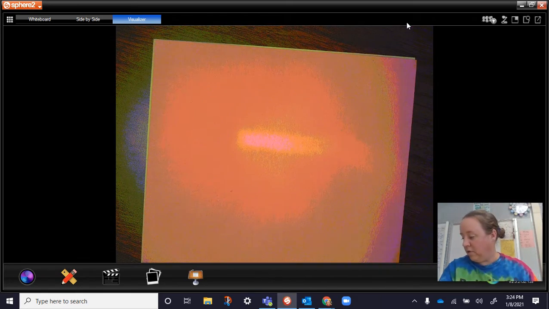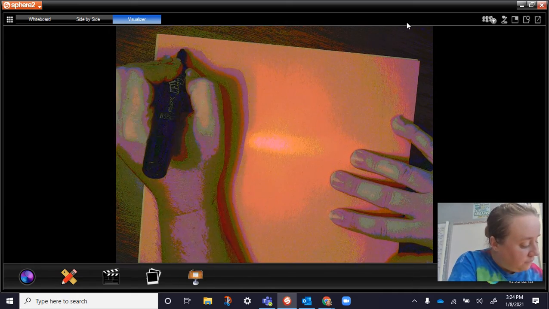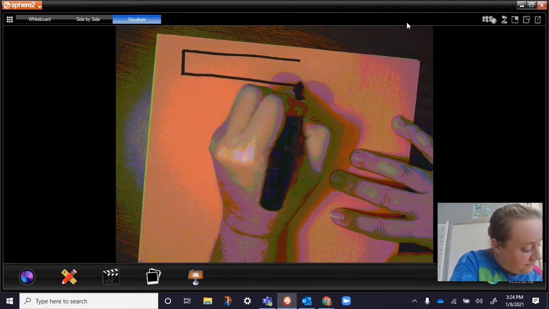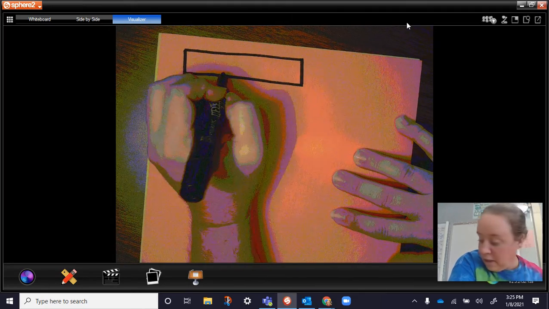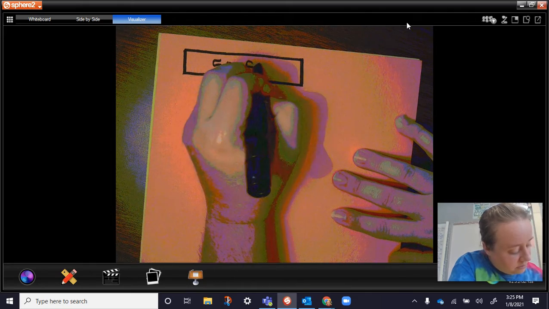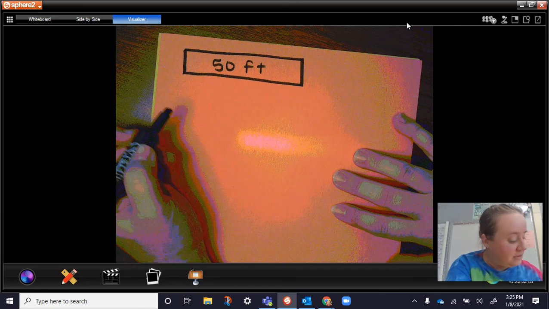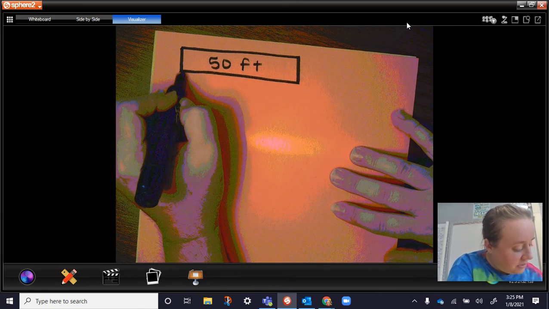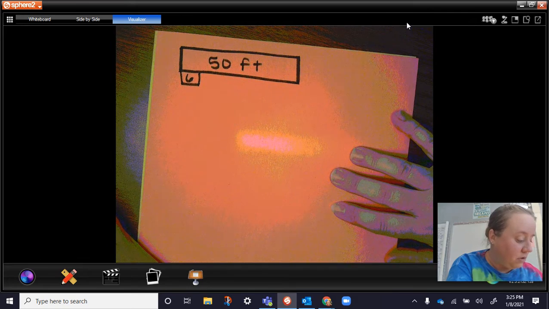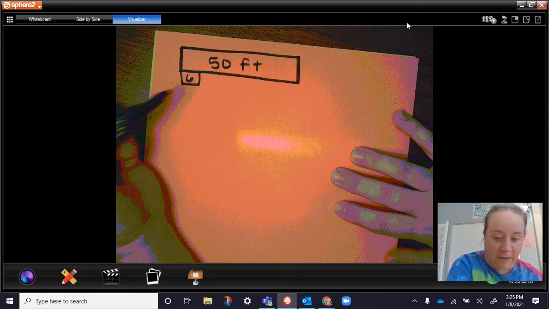All right, so we know that he has 50 feet of fleece. If you think of that like a big piece of fabric, this is 50 feet of fleece. Now, he's trying to make puppets, and every time he makes a puppet, he's going to use 6 feet. So he's going to take a little portion, cut it off, make a puppet.